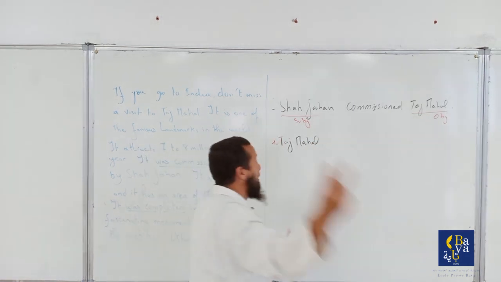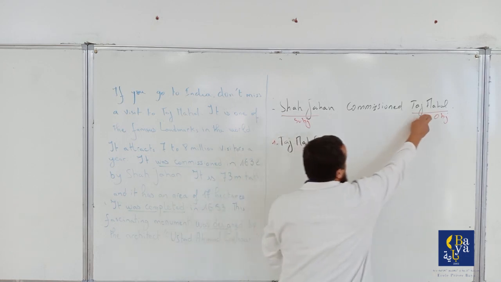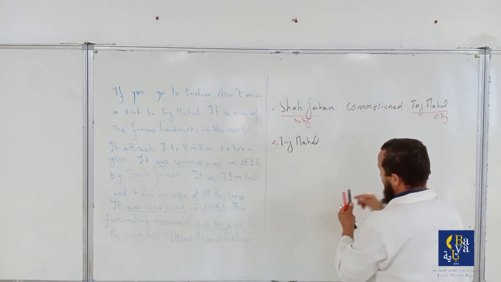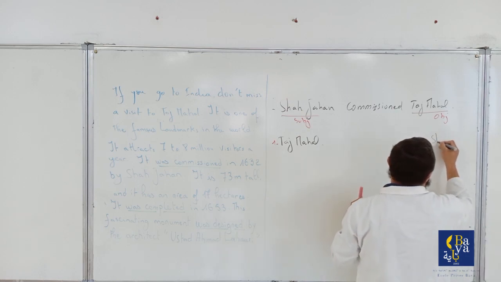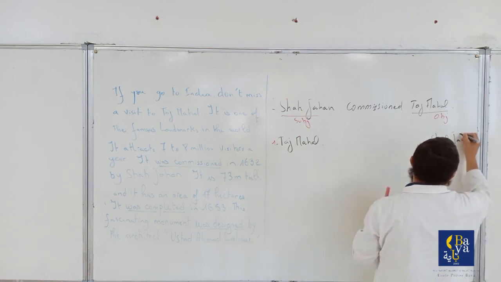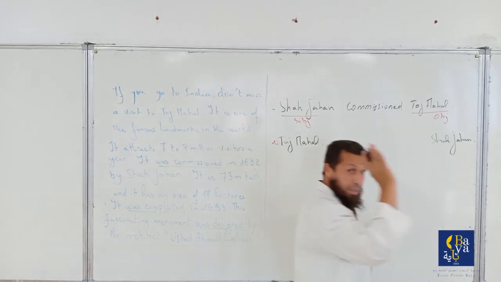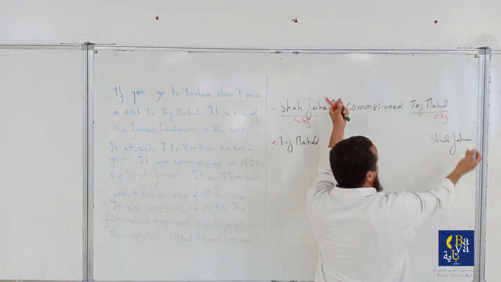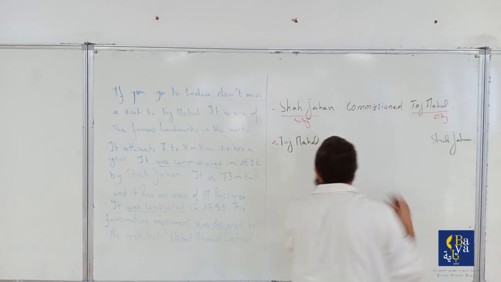Number two, Shah Jahan becomes here. Right? Shah Jahan here. So the first step we have done.